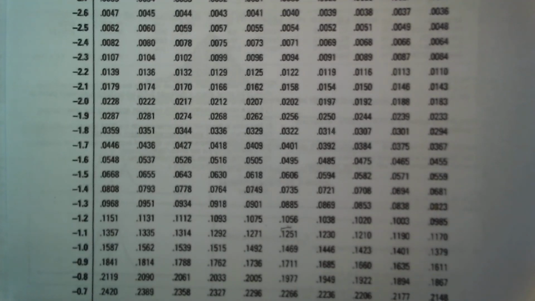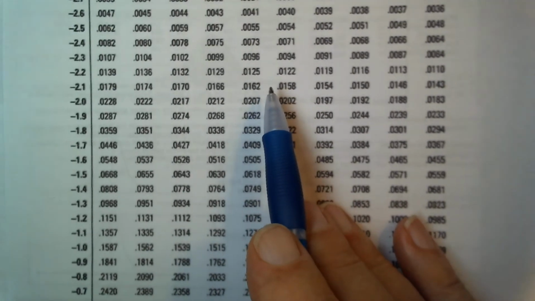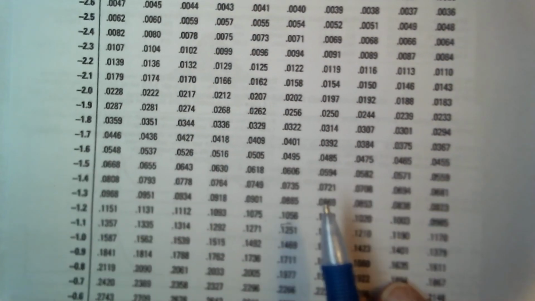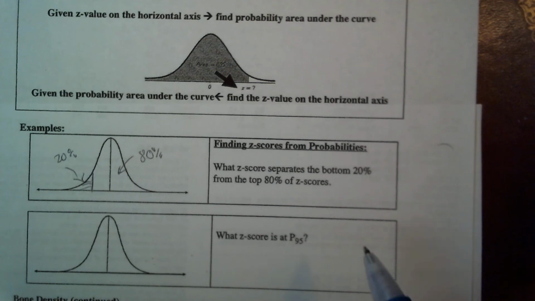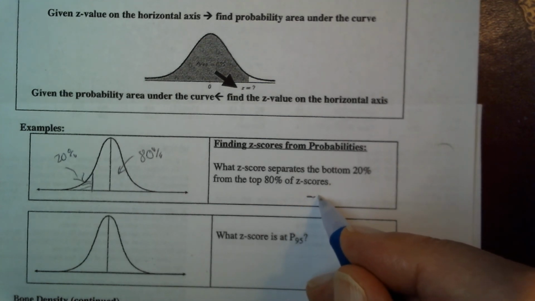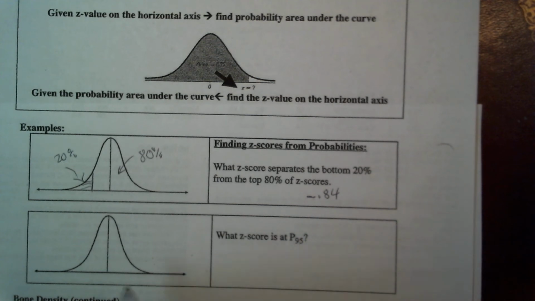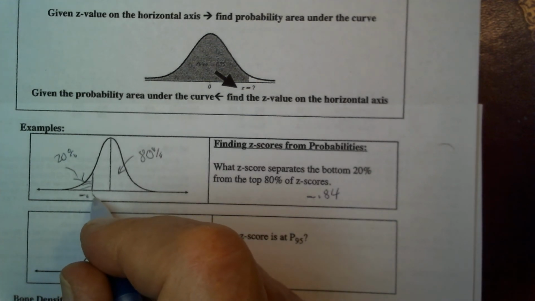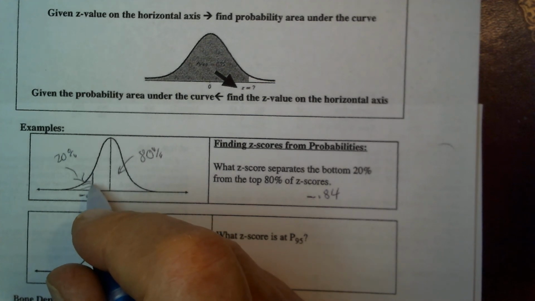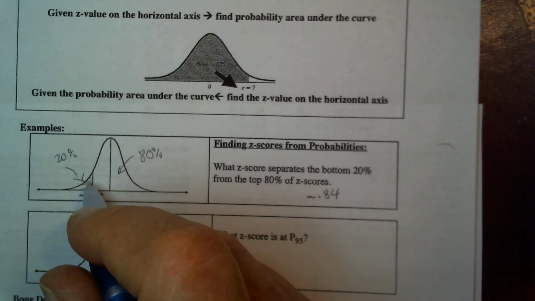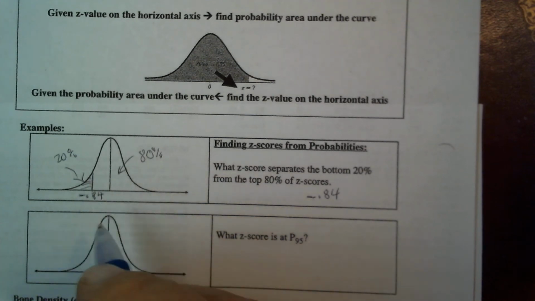If you use a table for that, we're looking for the area of 0.20, and even though we don't have an exact value, 0.2005 is close enough. The corresponding z-score would be minus 0.8, and when we go up here, it is minus 0.84. So minus 0.84 will be the z-score corresponding to the area to the left being 20%.